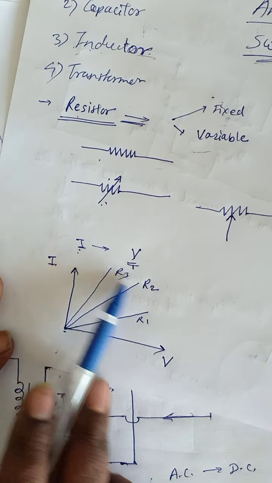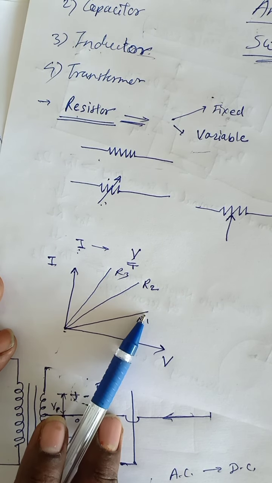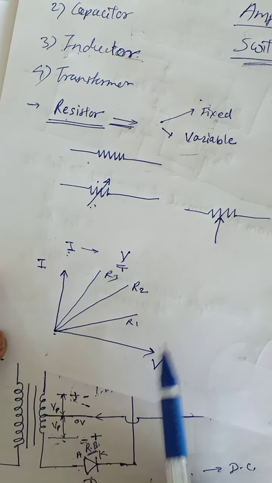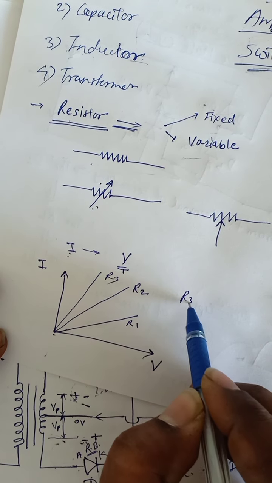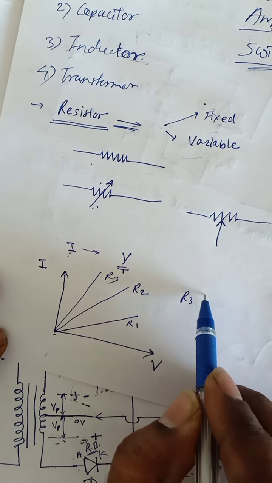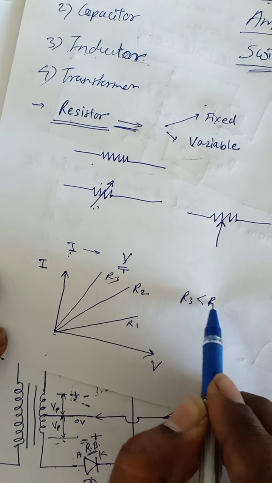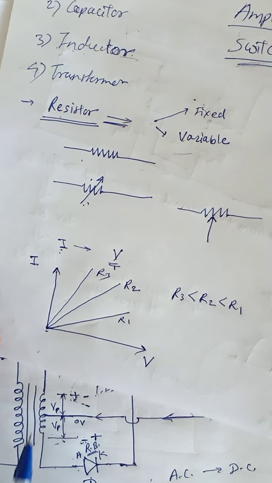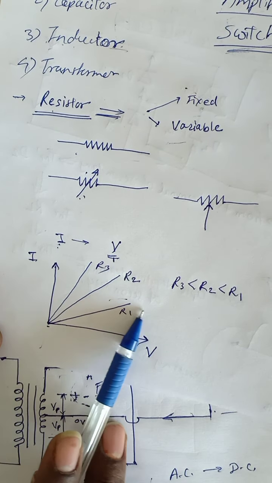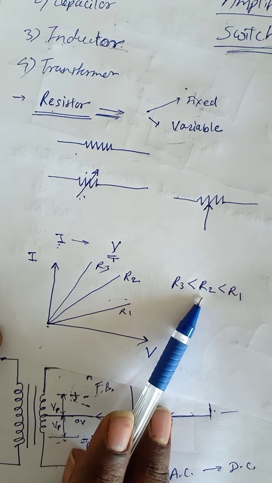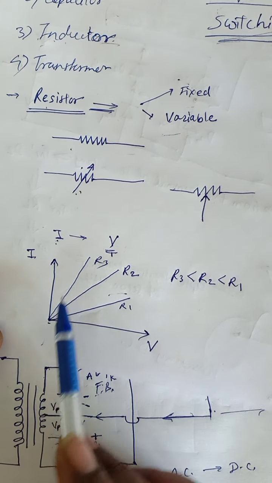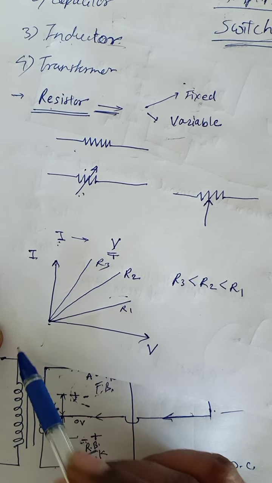So what you can conclude, which one is the greater value of the resistance? So R3 is less than R2, less than R1. So if you have a greater slope, the resistance value is less.